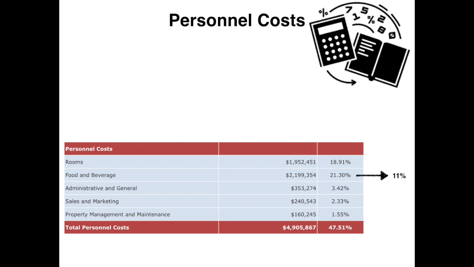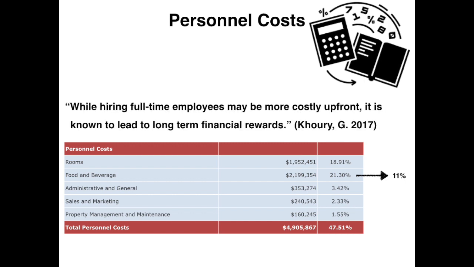A recommendation for the hotel would be to build a full-time team in the kitchen that can continue to maintain the hotel standards, which see the hotel generating a considerable revenue from food and beverage. This recommendation is supported by an article published in 2017 that states, while hiring full-time employees may be more costly up front, it is known to lead to long-term financial rewards.